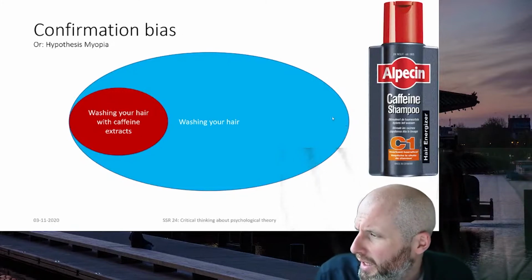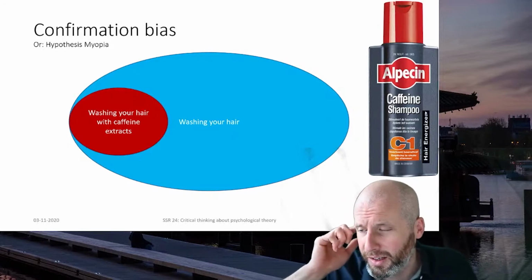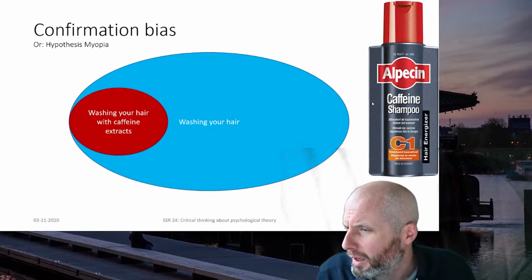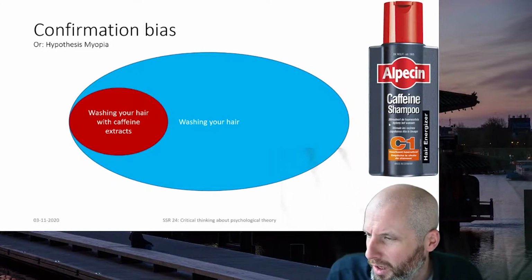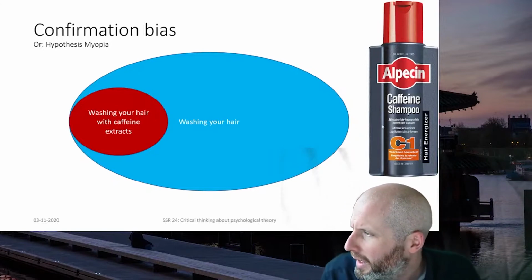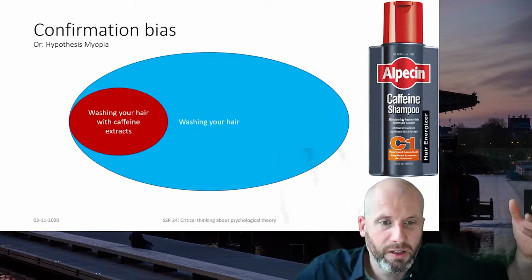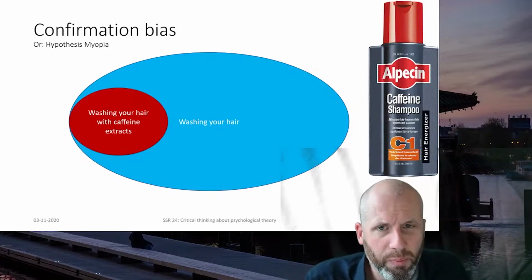So if I would tell you that this shampoo, it actually exists, has caffeine in it. Again, this is my jealousy towards people with hair, presumably. It would mean, according to the shampoo, that the shampoo stimulates the roots of your hair during washing it. And so let's say that you see a beautiful effect in your hair of washing your hair with this type of shampoo.